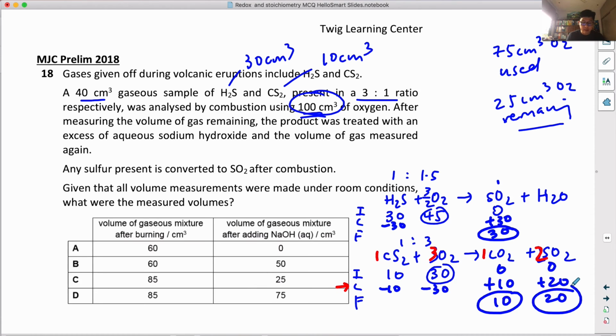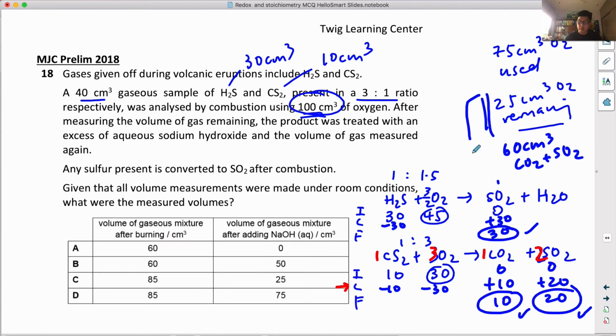So the volume of gas remaining was treated with excess sodium hydroxide, and the volume of gas measured again. Given that, what's the volume of gas mixture after burning? After burning, there'll be 25 cm³ of oxygen remaining. But how much are the other acidic gases that are present? SO2, CO2, and this SO2 over here. You notice there's actually 60 cm³ of CO2 and SO2 altogether.